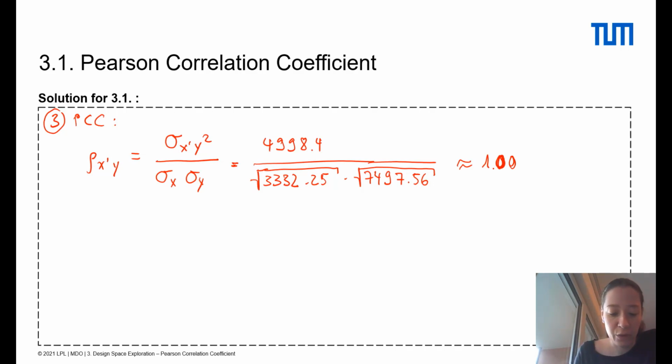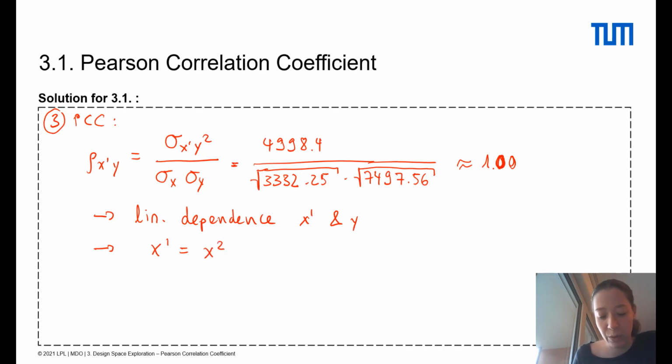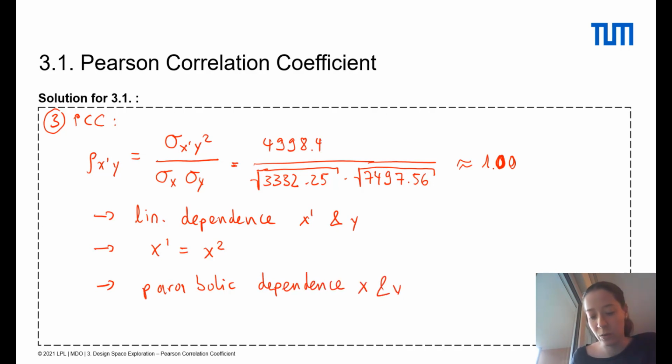Okay, now we've shown a linear dependence between x prime and y, and since we know that x prime is the square of our original design variable x, we've shown a parabolic dependence between x and y. And so that's it for the first task.